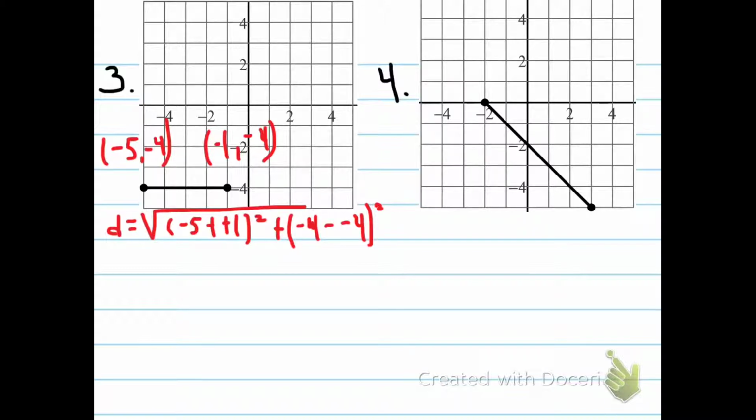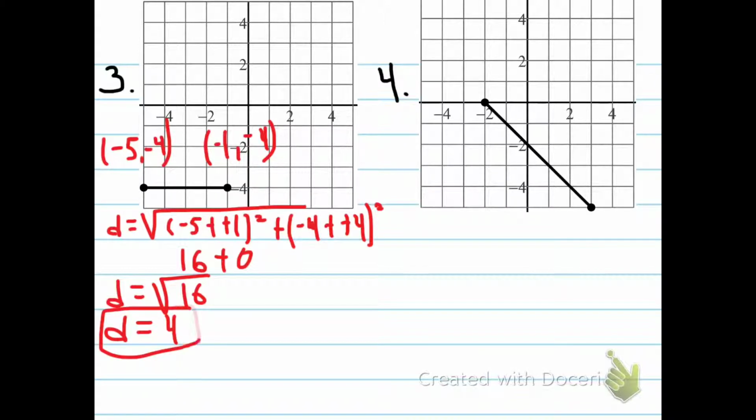Negative 5 plus a positive 1 is negative 4, and negative 4 squared is 16. Plus, this also becomes plus plus, so this is 0, and 0 squared is just 0. So now this just becomes the square root of 16, and the square root of 16 is obviously 4, so the distance equals 4.